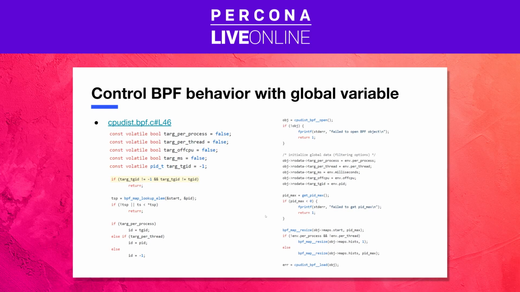It's set once by a control application before the BPF program is loaded into the kernel. From the BPF program side, this looks like a normal global variable access. There won't be any BPF map lookup overhead. Global variables are implemented as direct memory access. The control application side will set initial configuration variable values before the BPF program is loaded.